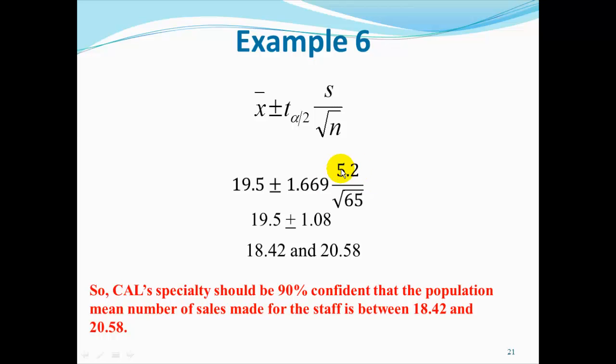If we compute the error section of this problem, we obtain 1.08. So our confidence interval should be computed as 19.5 plus or minus 1.08, giving us a confidence interval from 18.42 up until 20.58. So Cal Specialty should be 90% confident that the population mean number of sales made for the staff is between 18.42 and 20.58.